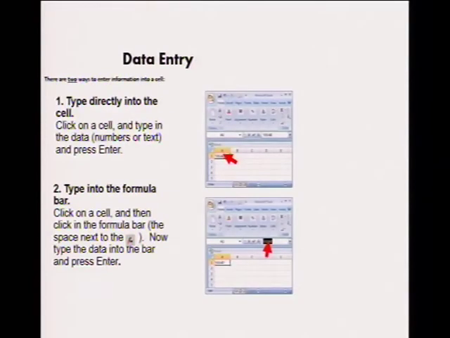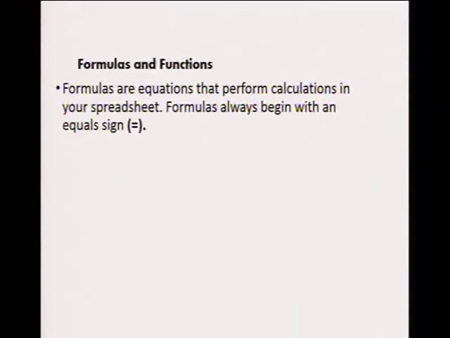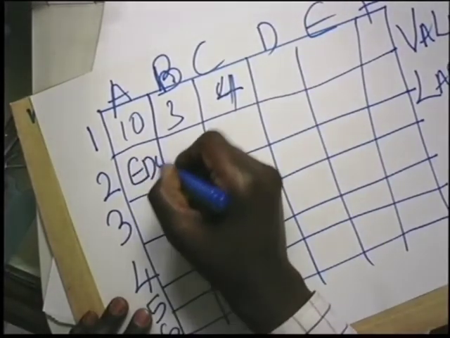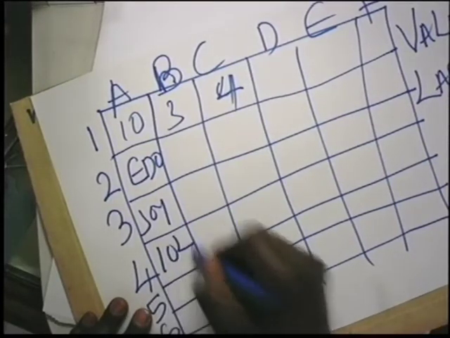As I said, there are two types of data, labels and values. If I ask you a question like this, let's go back to our table here. I have 10, 3, 4. Here I have Edu. Here I have Joy. Here I have IOL.